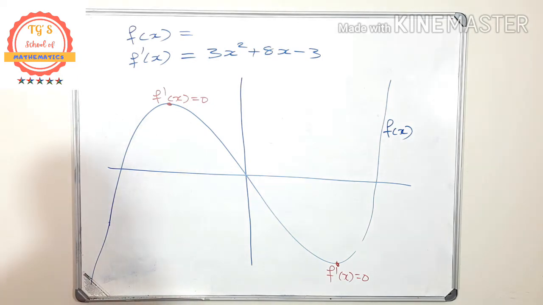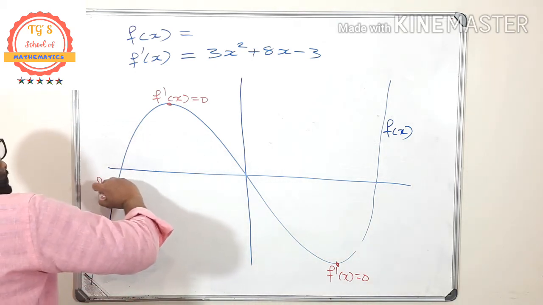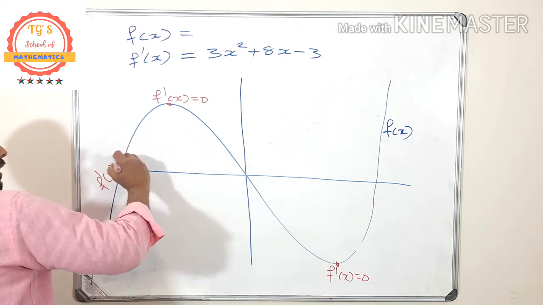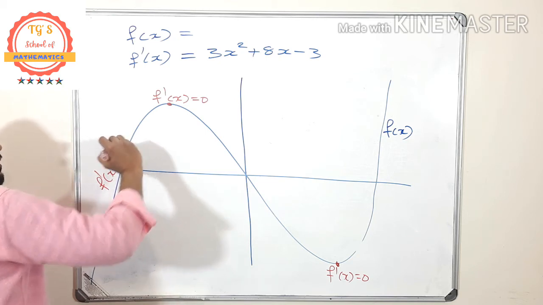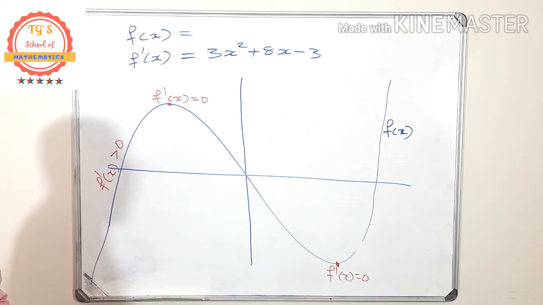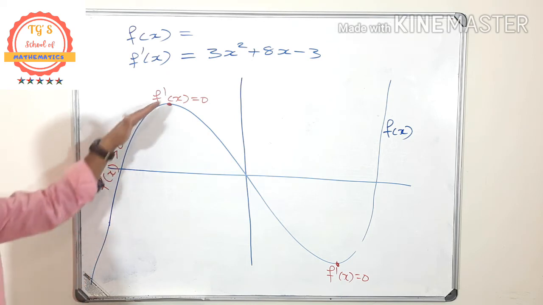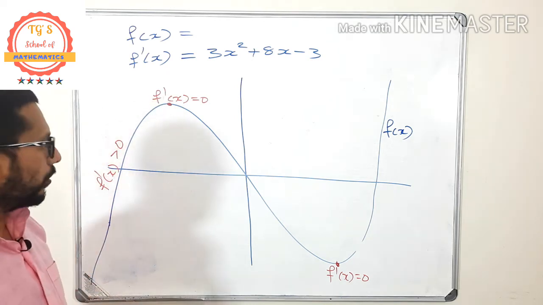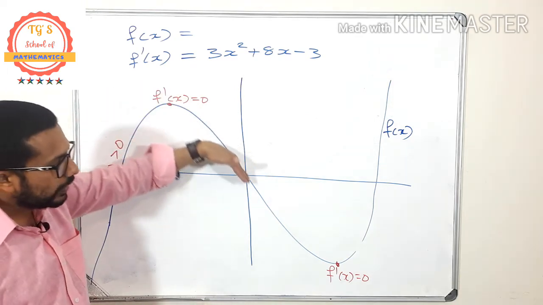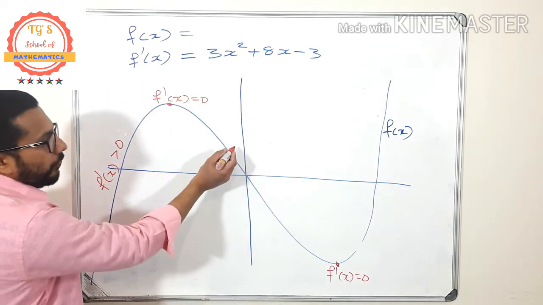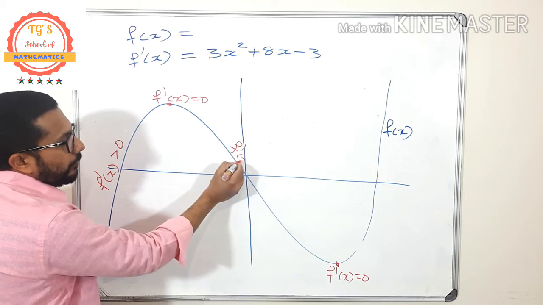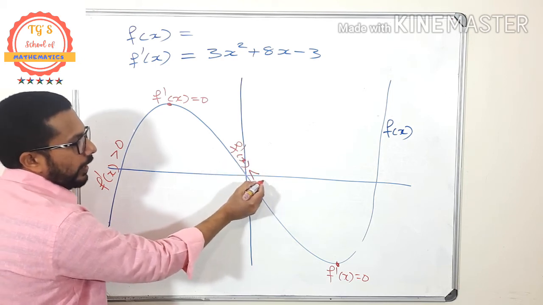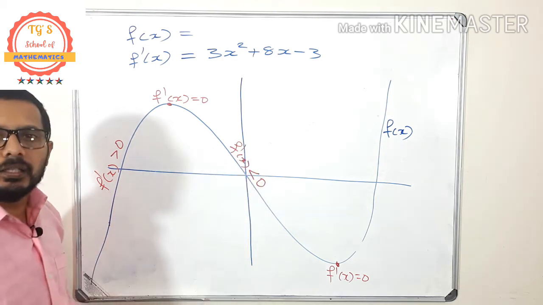When the graph f is increasing, the first derivative, that means f dash of x, is positive, that means greater than 0. When the graph is decreasing, the first derivative, that means f dash of x, is negative or less than 0.